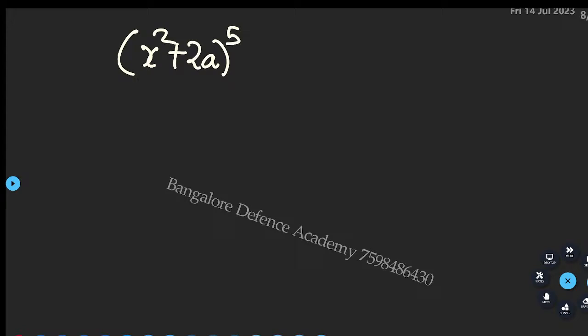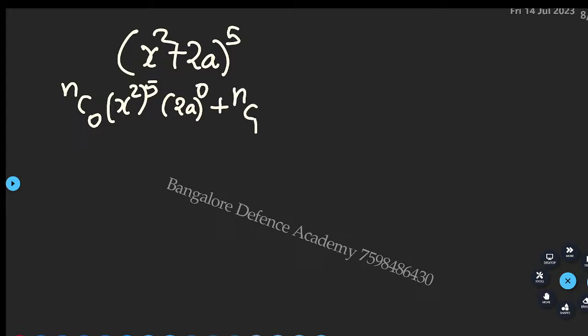Okay, see, those who didn't get it, I'm solving here. First of all, how many terms will be here? 6 terms. Don't copy. Pens down. So first I will write NC0 x square to the power of 5 2a to the power of 0. Next, NC1, x square to the power of 4 2a to the power of 1.